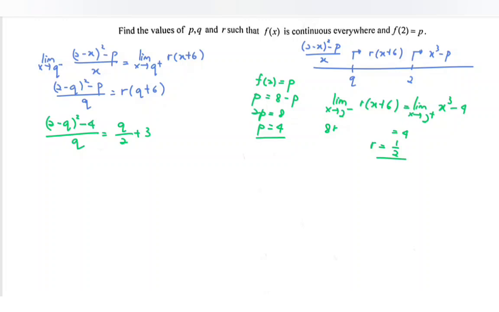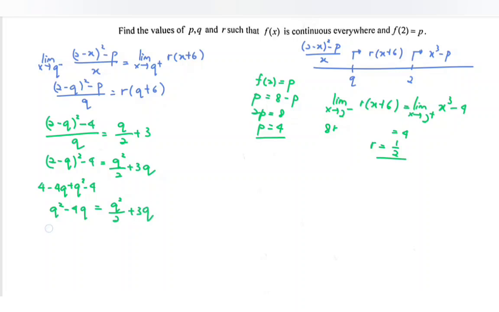So rearrange the situation. We have (2 minus q) squared minus 4 equals q squared over 2 plus 3q. Continue. Expand the situation. We have 4 minus 4q plus q squared minus 4. From here, we have q squared minus 4q equals q squared over 2 plus 3q.